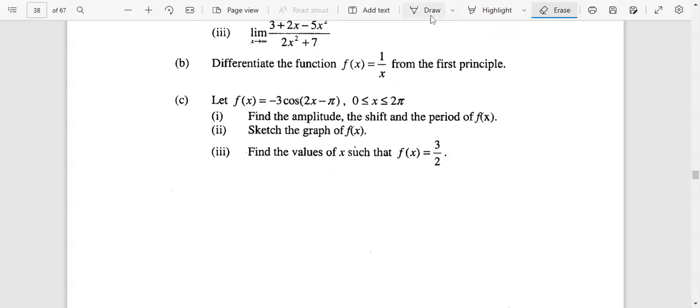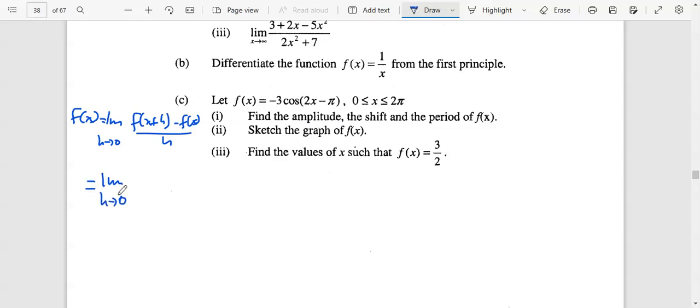Differentiate f of x equal to 1 over x from first principles. So we know the first principle: f prime of x is equal to the limit as h approaches 0 of f of x plus h minus f of x, divided by h. So this is going to give us the limit as h approaches 0.